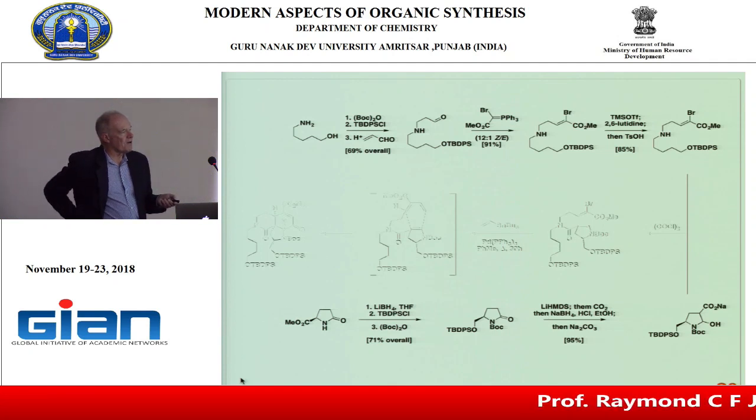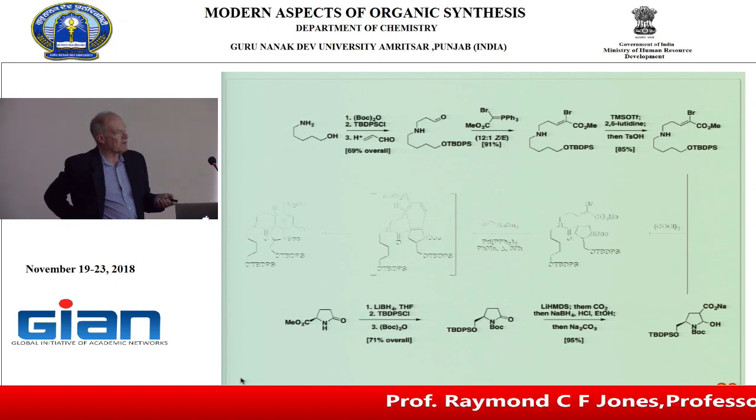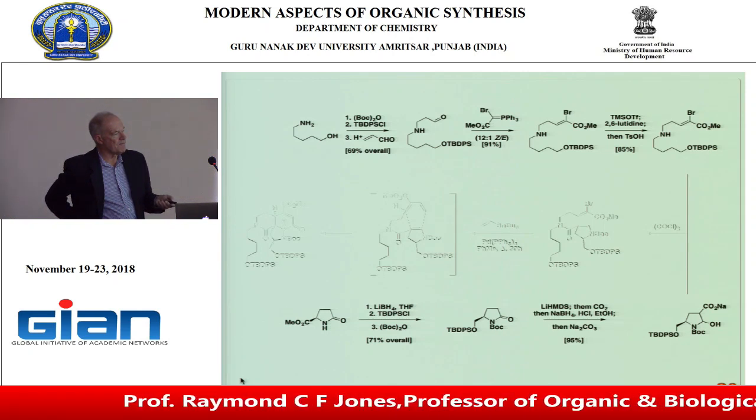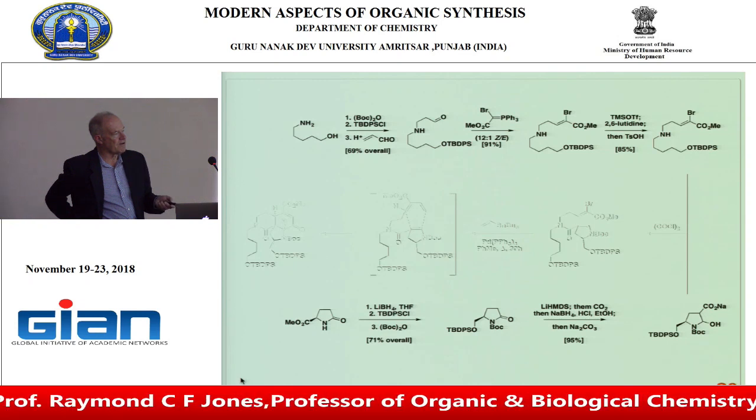Now, the third of the alkenes you need for the ring closing metathesis is put in by a lithium alkyl derivative.